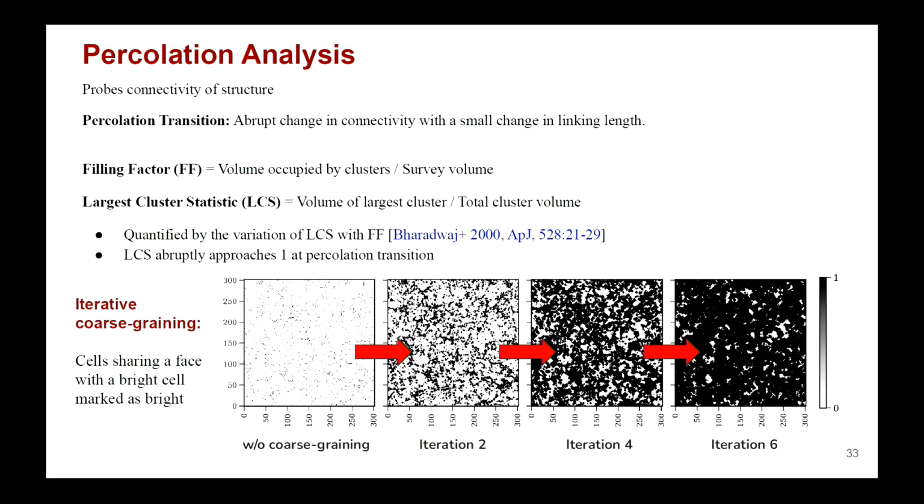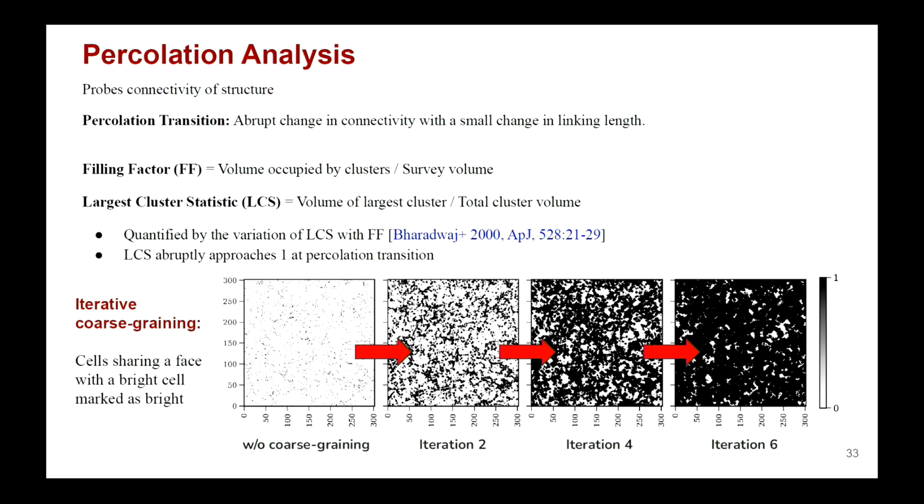And we applied 2 different morphological statistics. One is basically percolation transition statistics, which is determined by something called largest cluster statistics. So this has been applied in galaxy redshift surveys extensively. What you do essentially, you ask the question, if there is a galaxy or a bright cell and all the neighboring cells are around it, how quickly does this bright cell get connected to other bright cells in how many iterations.